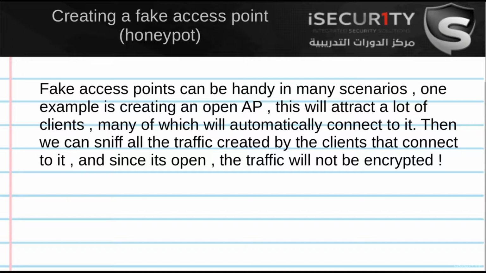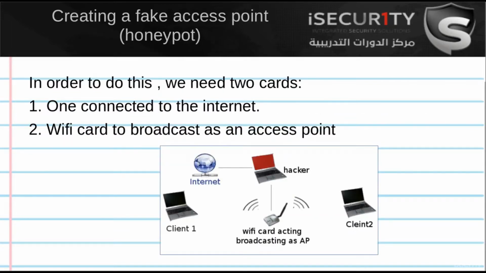Creating an access point is simple. It just needs to be set up correctly so that the access point can function correctly. Now the first thing we're gonna need is two cards. So one card is gonna be connected to the internet. It doesn't matter what card it is.